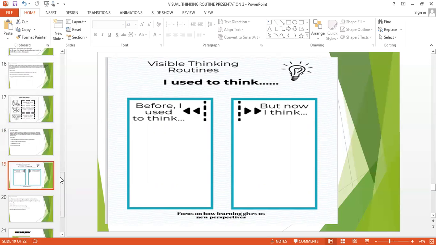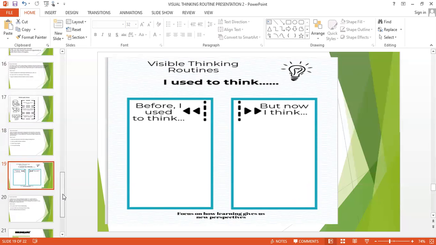So we can ask them to write about their prior knowledge of that particular thing, and then we can ask kids to write a reflection at the end of the unit. So this routine is actually divided into two, that is, before I used to think, and now I think.